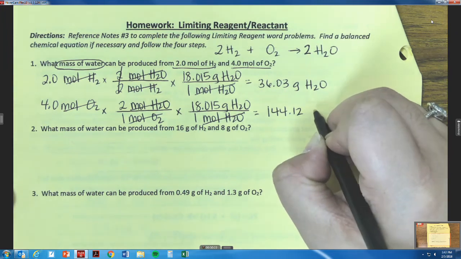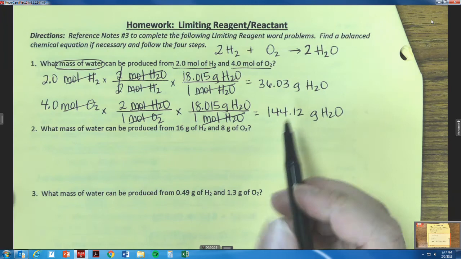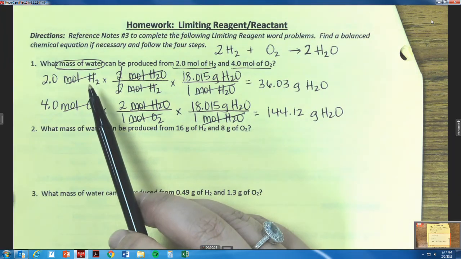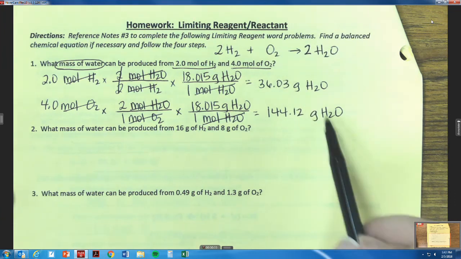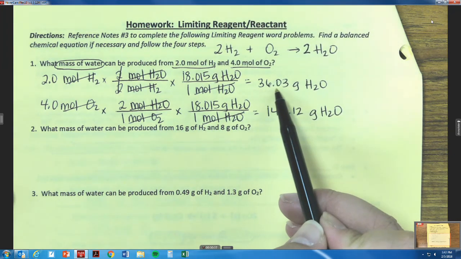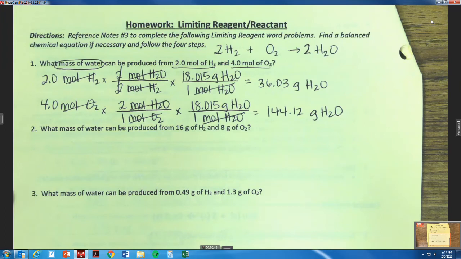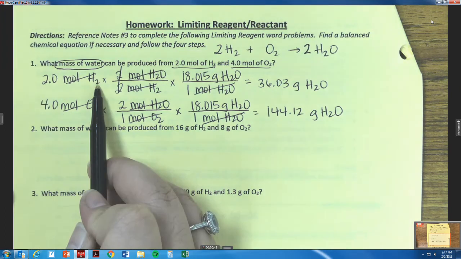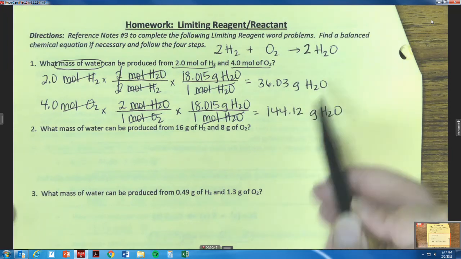And then if we have 4 times 2 times 18.015, then we have 144.12 grams of water. Well, our question is, what's our limiting reagent, right? So which one of these is our smaller value? Well, obviously it's the 36.03 grams of water. In other words, if we had 2 moles of hydrogen, we'd be able to produce 36 grams of water.